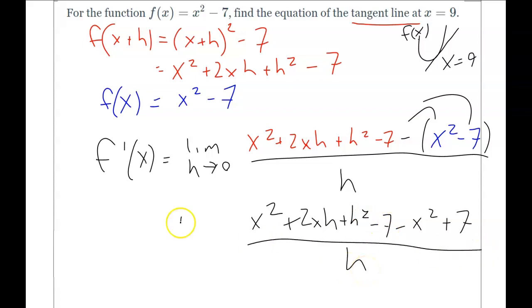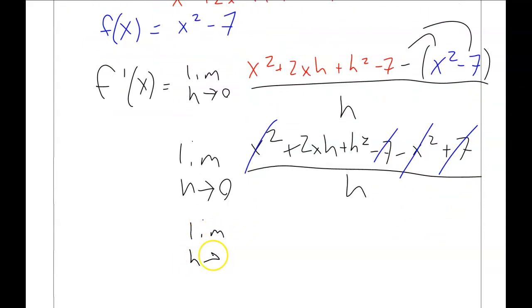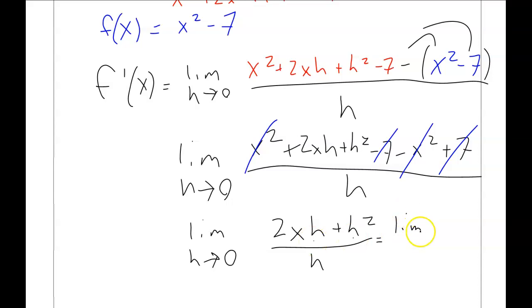And if you've done this correctly, things start to cancel. So notice I have a minus x squared and a plus x squared, and I have a minus 7 and a plus 7. So what I'm left with is this, right? And notice we have a common factor of h. So if you've done this correctly, you are going to be able to factor and then cancel out the h on these.